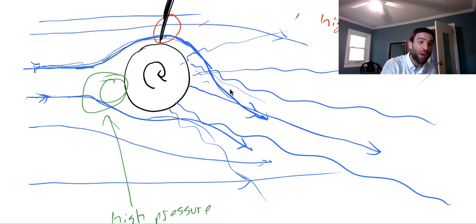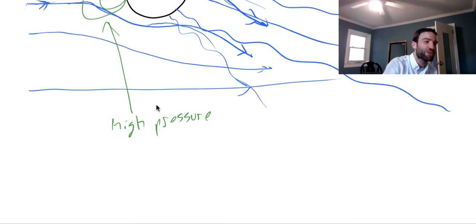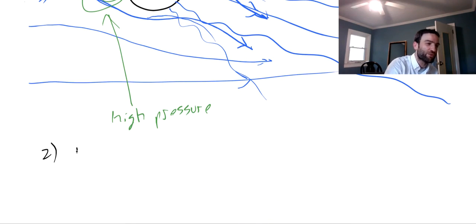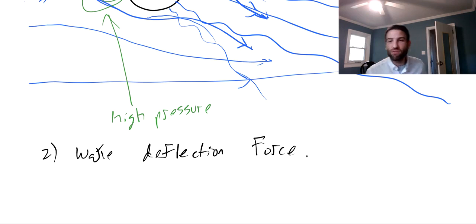So this wake deflection force actually also points in the direction of making the ball curve in the direction that it's spinning along, if you like. So both of these aerodynamic forces, both the Magnus force and the wake deflection force, tend to push the ball in the same way, making it curve in the direction of the spin, right?